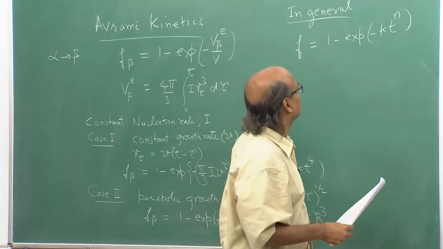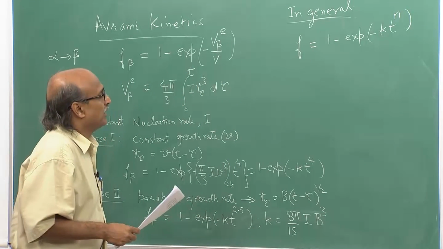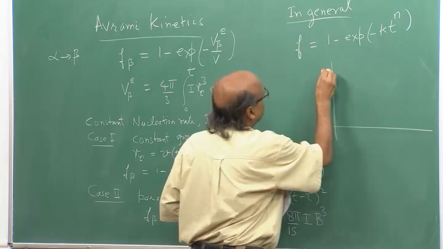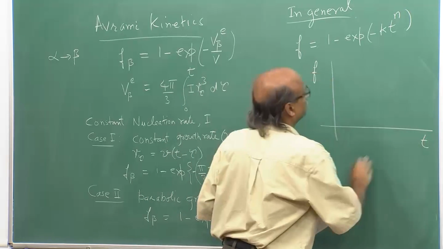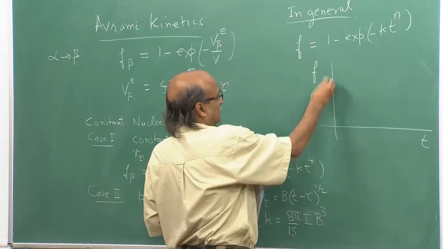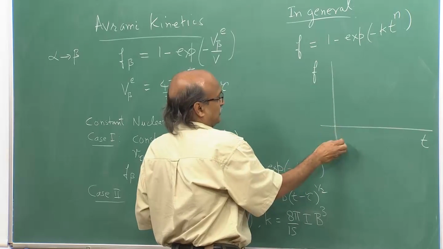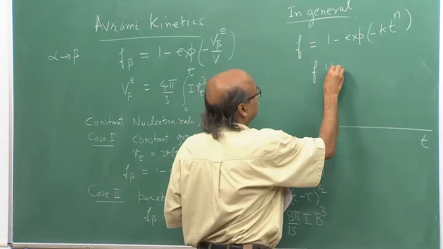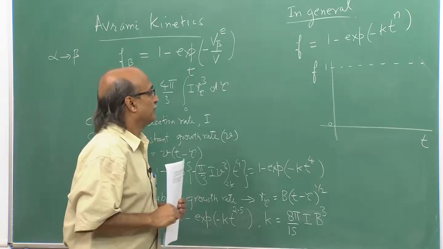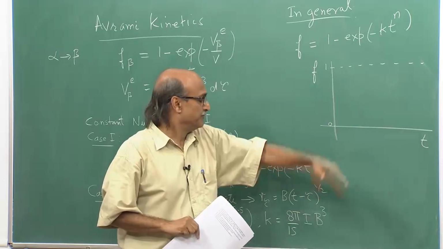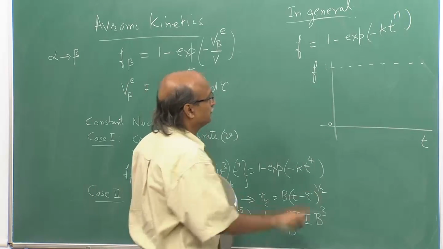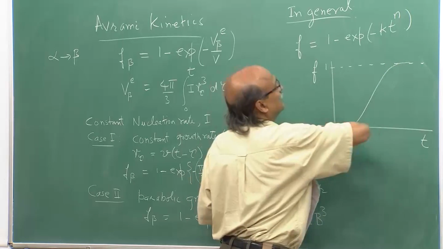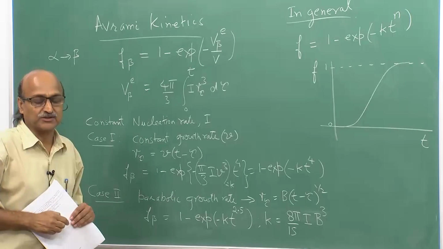Now what kind of a function is this? If I plot this as f versus t, then of course the fraction transformed f will vary between 0 and 1. So this function is going to basically vary between 0 and 1 as time increases from 0, and one would get a typical curve like this, which is also called the sigmoidal curve.